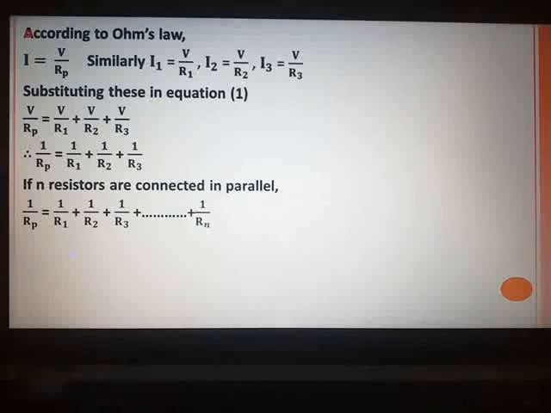Third, potential difference is constant, as we had studied for series, where current was constant. Fourth, the effective resistance of resistors connected in parallel is less than the least resistance of the individual resistors, and as it is the sum of the inverse, such an arrangement is used to reduce the resistance in a circuit.